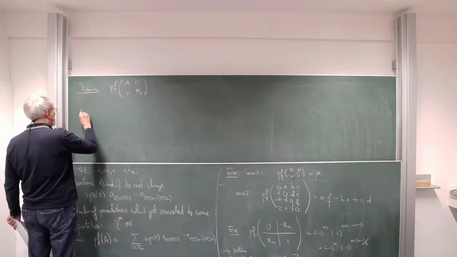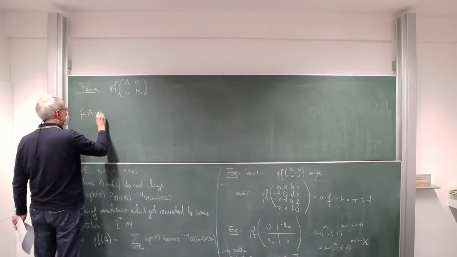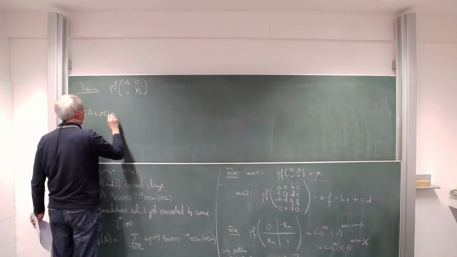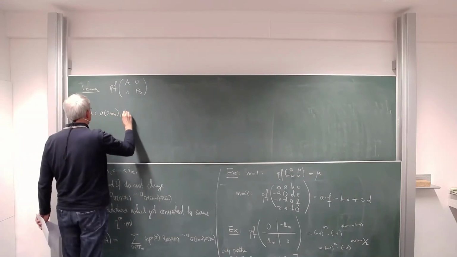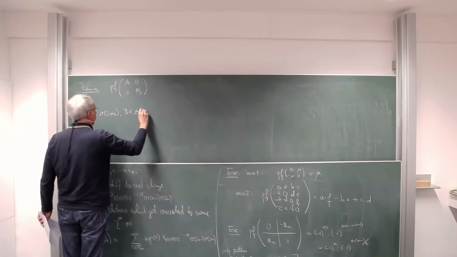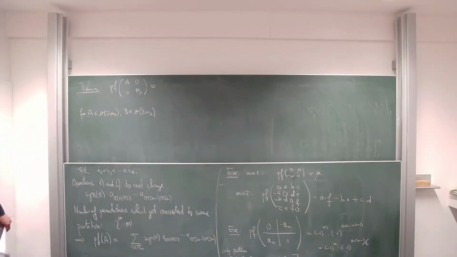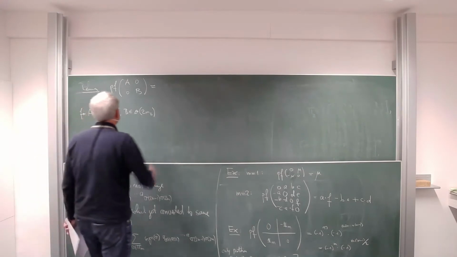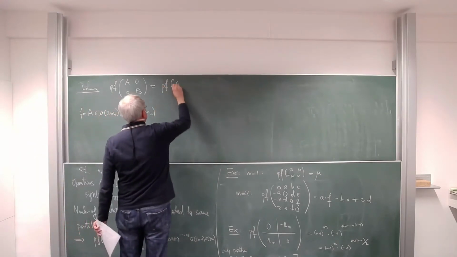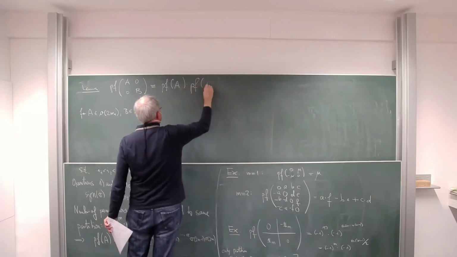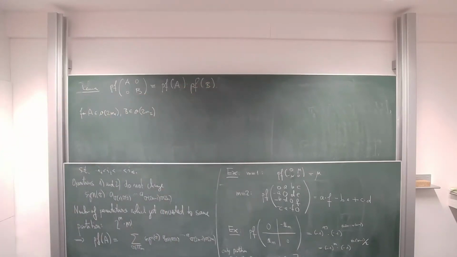So for A a skew-symmetric matrix of size 2m1, and B a skew-symmetric matrix of size 2m2, we get again a skew-symmetric matrix of size 2(m1 plus m2), and we have this formula here, just like the corresponding formula for determinants.